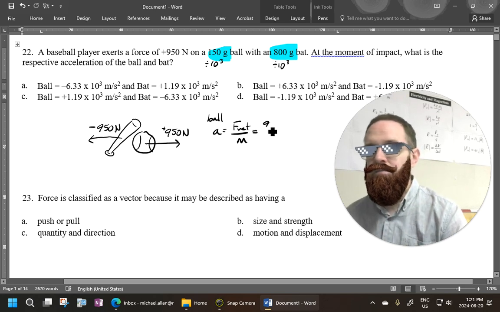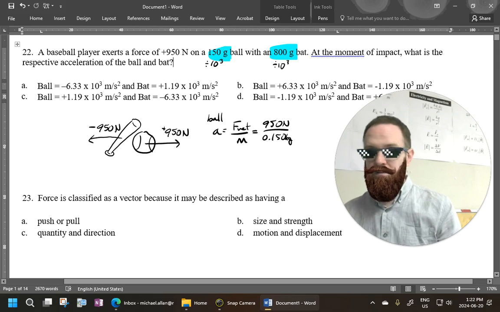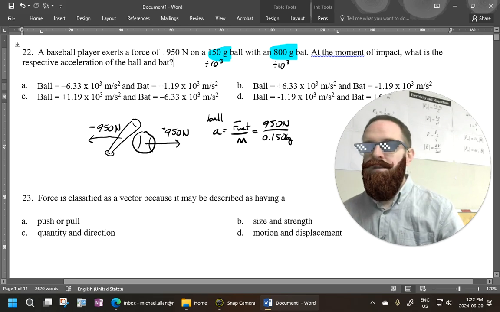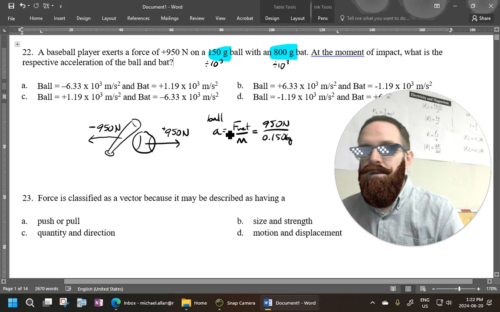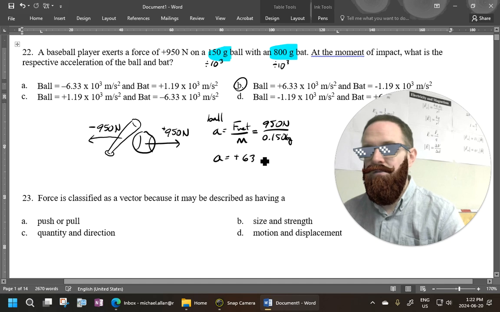So for the ball, it's 950 divided by 0.150 kilograms now because I changed it. There you go. 950 divided by 0.15. So based on that, the answer's got to be B, right? Because the acceleration is positive 6,333 meters per second squared.